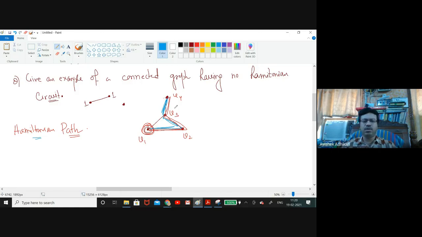But unfortunately, nobody has yet found any necessary and sufficient condition for a connected graph to be Hamiltonian or not. That means whether it will contain a Hamiltonian path or not, no necessary and sufficient conditions have yet been found. So it's still an open problem.